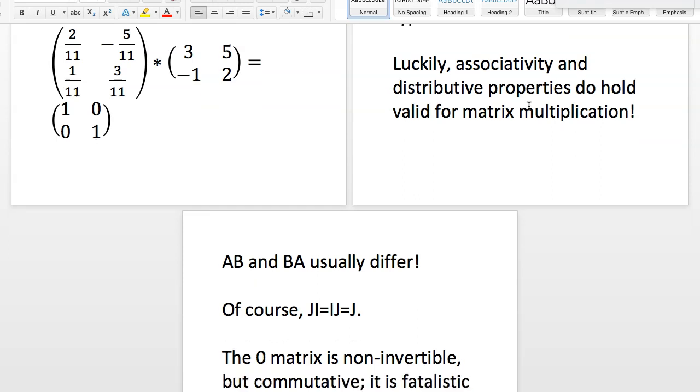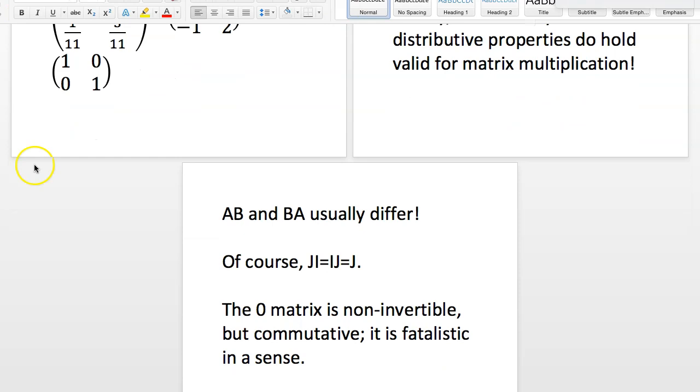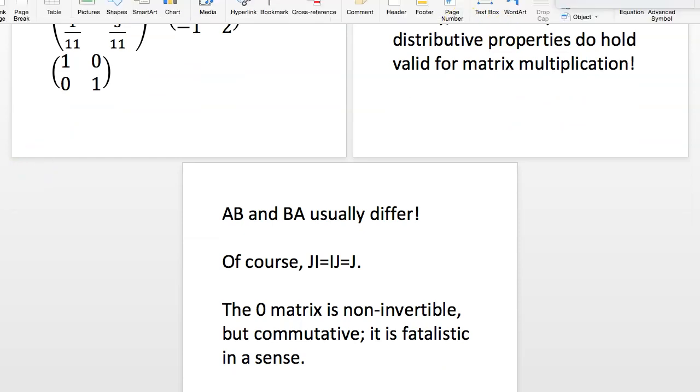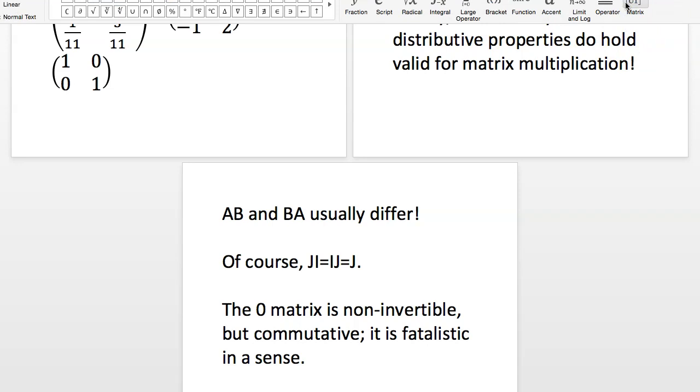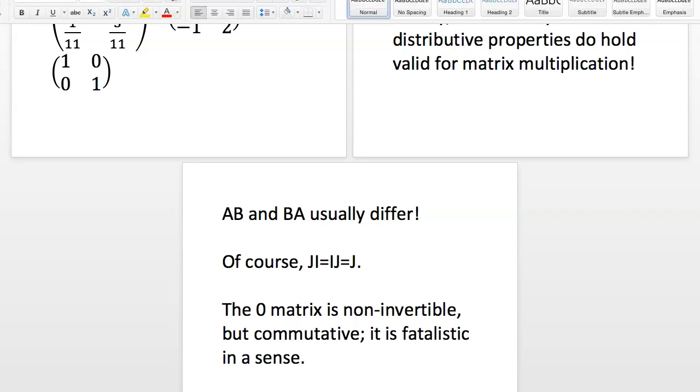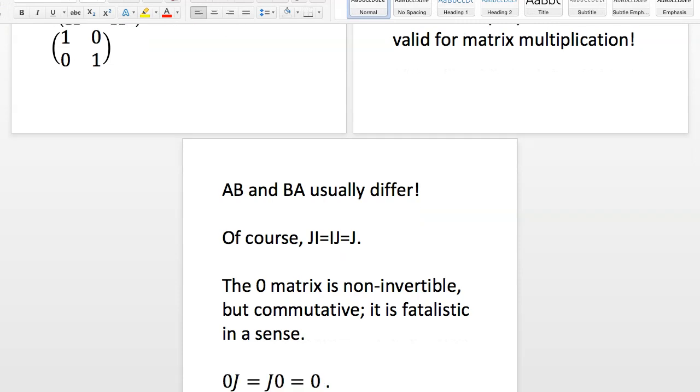In a sense, it soaks everything up, because if you multiply, it acts like the number zero. Like 0 times anybody is just 0, right? The zero matrix times J will just give you J times the zero matrix, which will give you the zero matrix. Now 0 doesn't have an inverse, right? Zero just soaks everybody up.